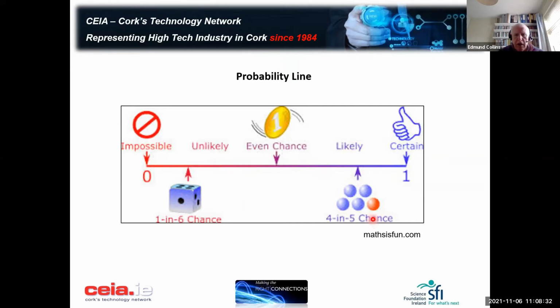In this case here, it's just showing some billiard balls maybe. So there's 5 balls, 4 are colored blue, 1 red. So the chance of picking, let's say, a blue ball would be 4 in 5. So that's the probability line. Quite simple really, but I think it's a nice demonstration of it.